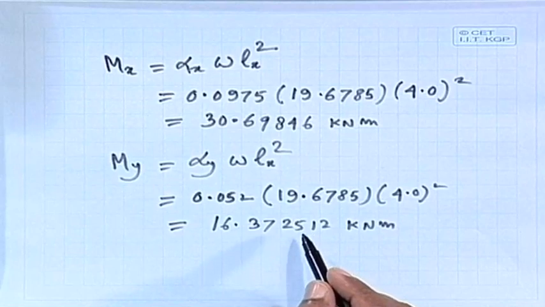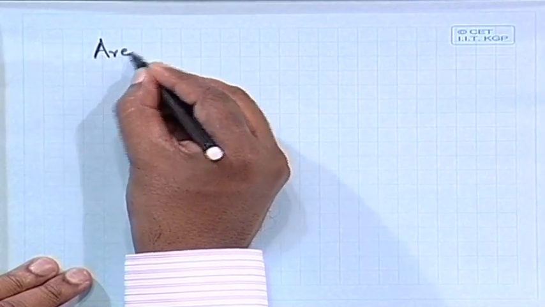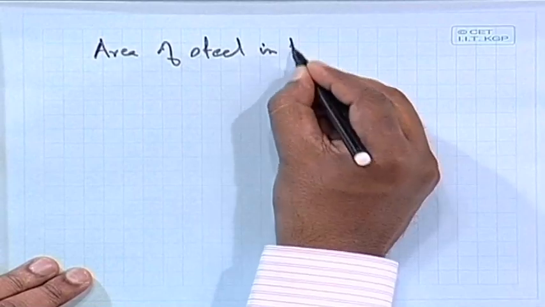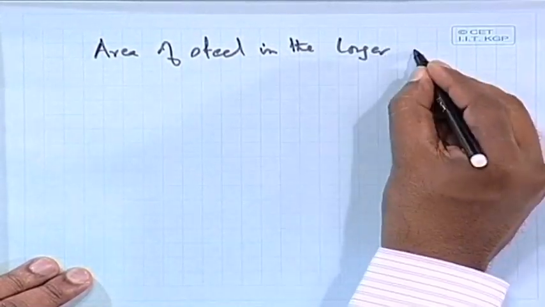So, we have to calculate the area of steel on the basis of this, but your effective depth is different. Effective depth is not the same as in the shorter one. So, what we shall do here is find the area of steel in the longer direction.